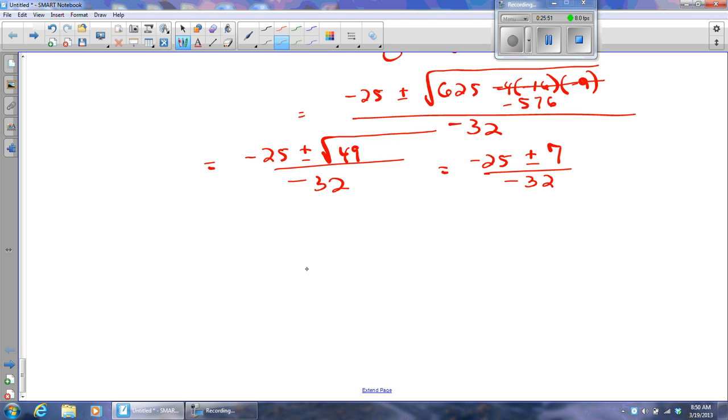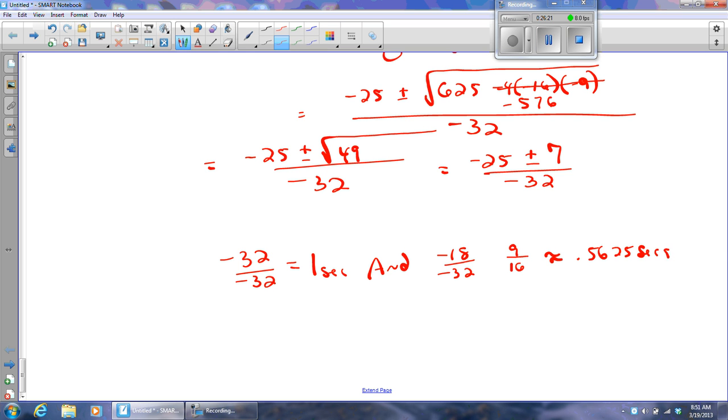Now I will have negative 32 over negative 32, which equals 1, so 1 second. And I will have negative 18 over negative 32, which I can simplify by 2 to give me 9/16. And 9 divided by 16 is about 0.5625 seconds.